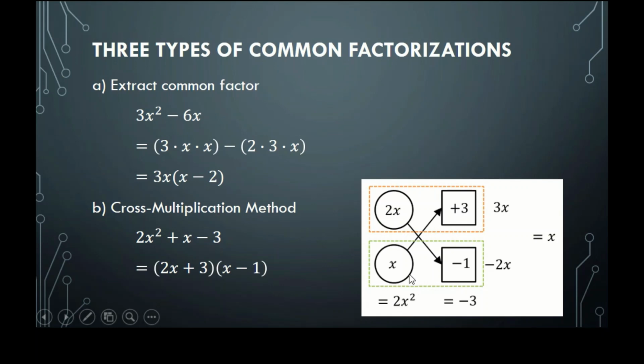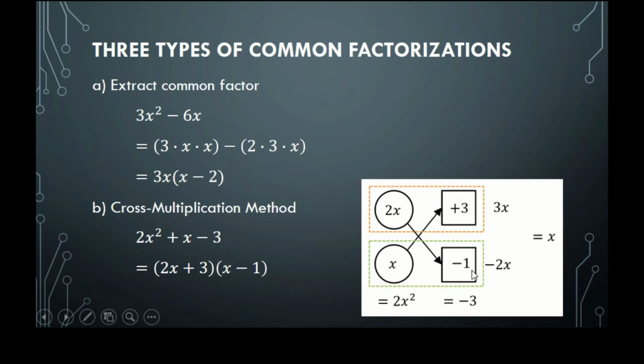Of course, it must be 2x multiply x. And we also find the combination to get negative 3. For this part, we have to try all the possible combinations. It can be positive 3 multiply negative 1, or negative 3 multiply positive 1.